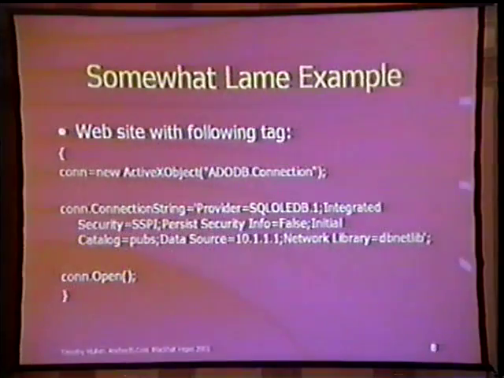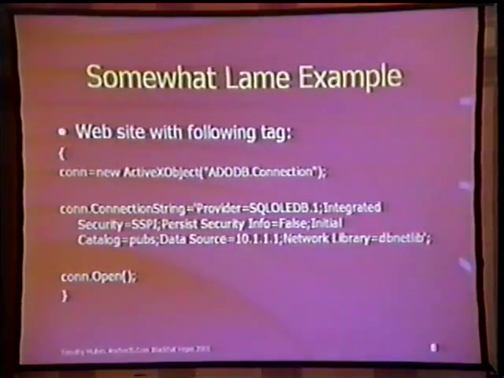Okay, so I've got a lame example here of, on my website, I specify a new ActiveX connection, an ADODB connection here, and then I'm passing along this connection string, right?